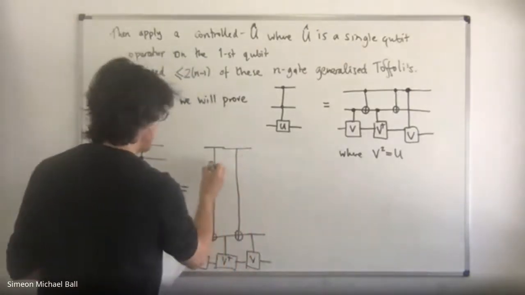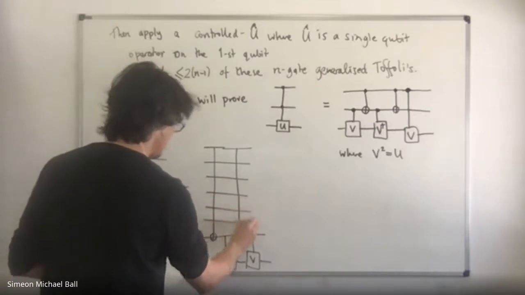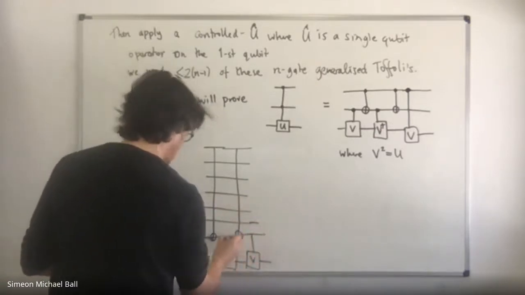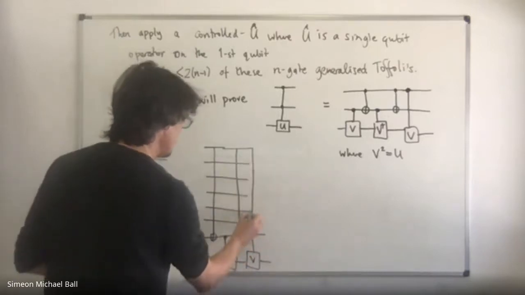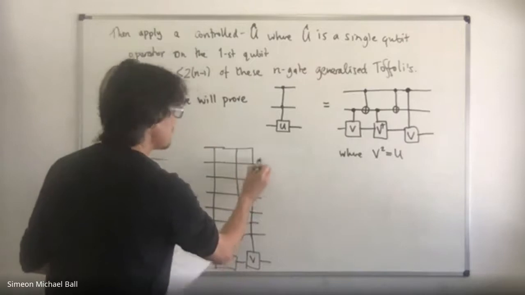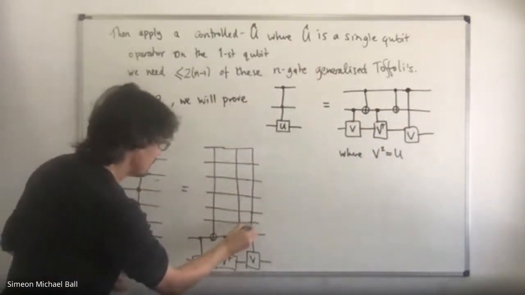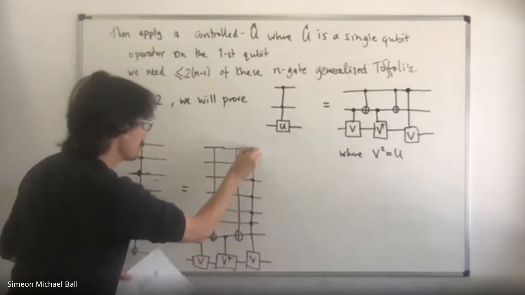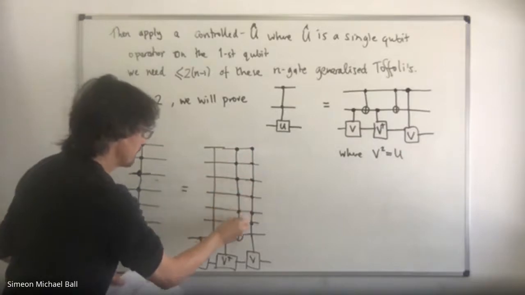And now all of these are controlled as they were before. And this final one, since this is controlled here, is now controlled by all of them.